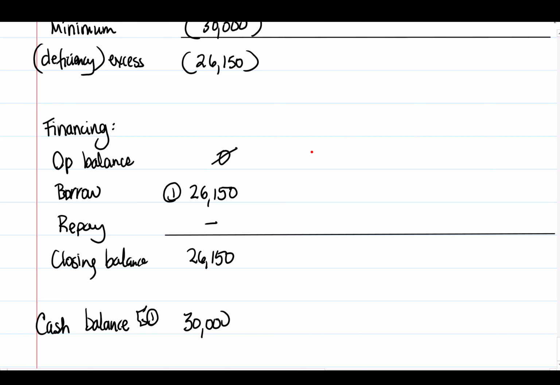Now we're borrowing some money. The question says, any monies taken out of the line of credit are removed on the first day of the month. So this $26,150 was removed on April 1st, which means for the month of April, we will owe some interest.